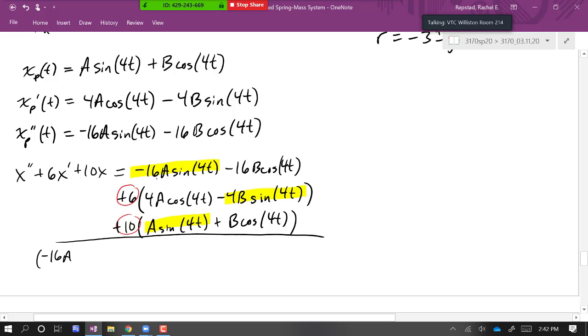Then in the middle, I've got 6 times negative 4b, which is negative 24b. And at the bottom, positive 10a, times sine 4t. And for the cosines, negative 16b starting at the top, plus 24a, plus 10b.